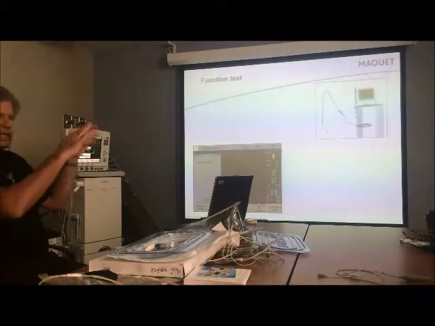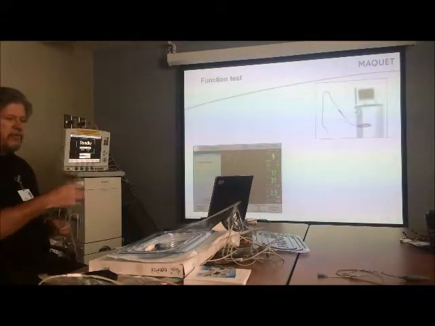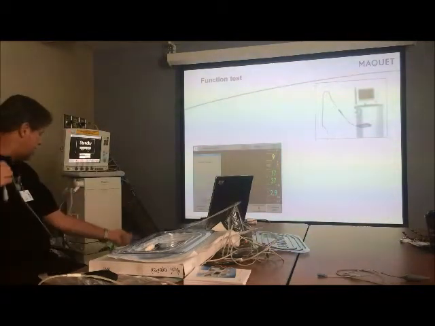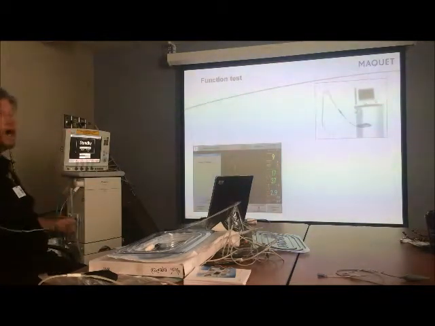There's a little activity, a few people in the room, and you've got your catheter, you're getting it ready, and we want to test the integrity of the cable and the module.